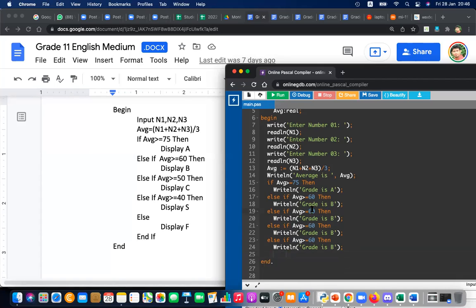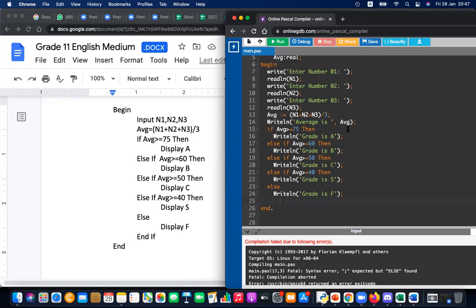If it is greater than or equal to 60, then else if it is 50, then C. If it is 40, then S. And else it is F. That's it. Are we getting any error? Yes, a lot of errors.